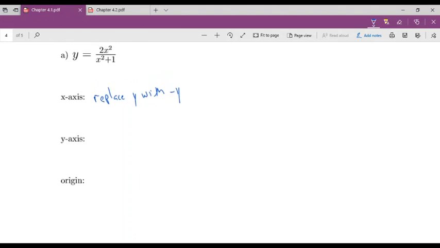We're reflective over the x-axis. I'm going to go ahead and do the rules for the y-axis and the origin as well. The y-axis rule is replace x with negative x. The origin rule is replace x with negative x and y with negative y.